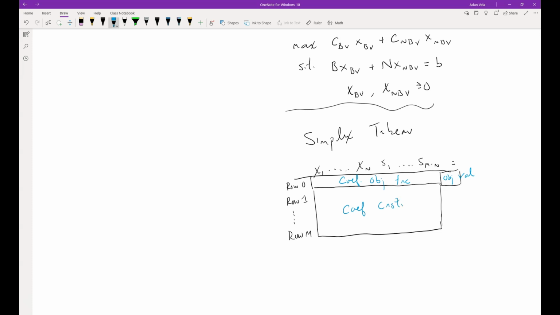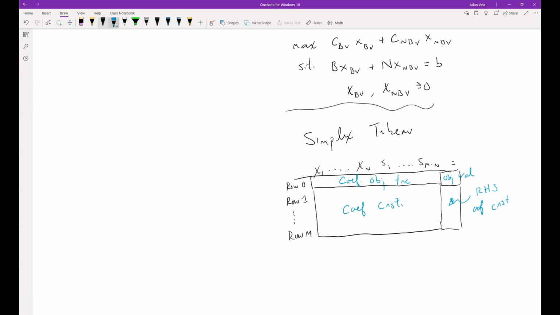And again, these are in the form that we require, where we see a 0, 0, 0, 1, 0, 0, 0 for all our basic variables. And then for the non-basic variables, they can be whatever values that we want. And finally, we have the right-hand side values of the constraint equations. All right, so these are the 4 different parts.